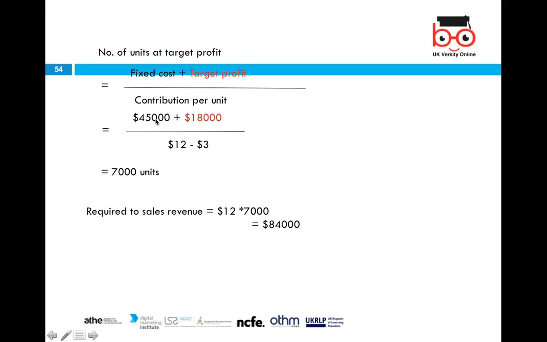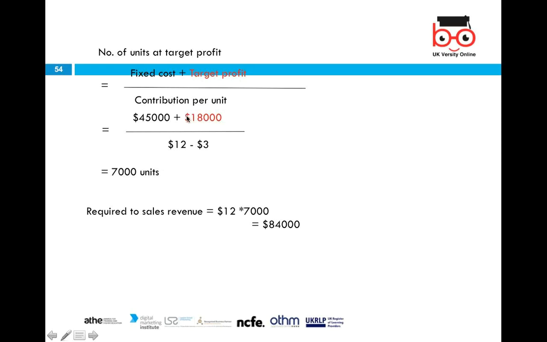The target profit is 18,000 and 45,000 is our fixed cost, and our contribution is the selling price minus the variable cost per unit. When we divide the fixed cost plus target profit by the contribution per unit, we get the number of units for the target profit. That's 7,000 units.